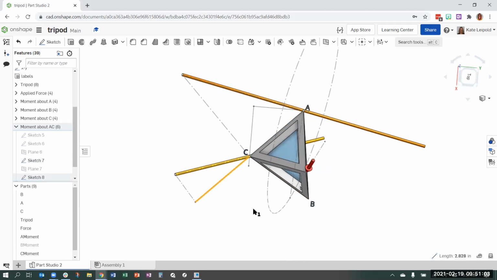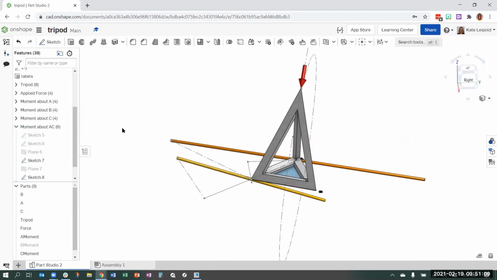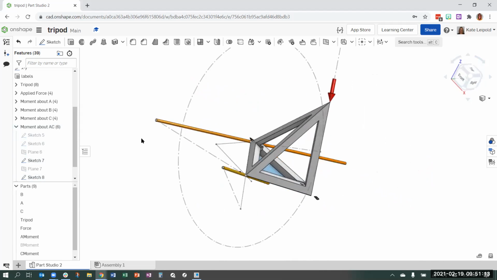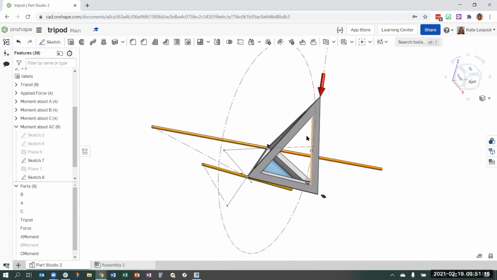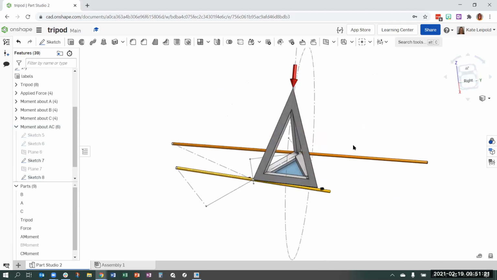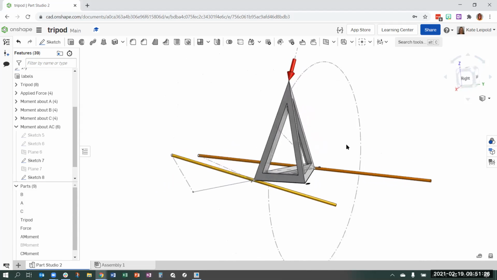So I hope I can represent a few things with this in-depth CAD model, and that's how to visualize the planes: the plane that contains the force and the perpendicular distance, how the moment axis is perpendicular to that plane, how the same force causes different rotations around different points.